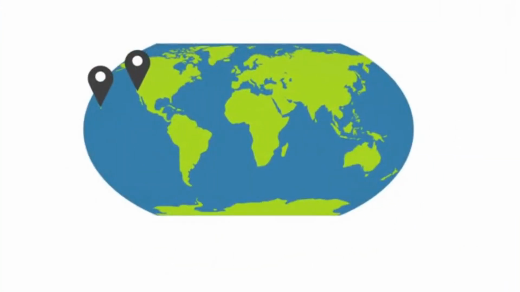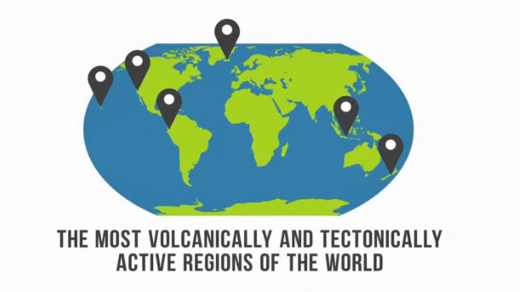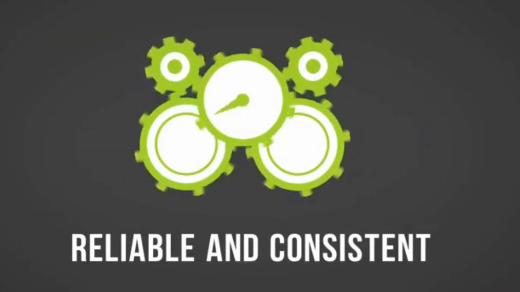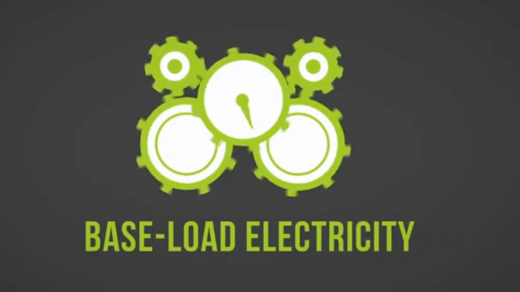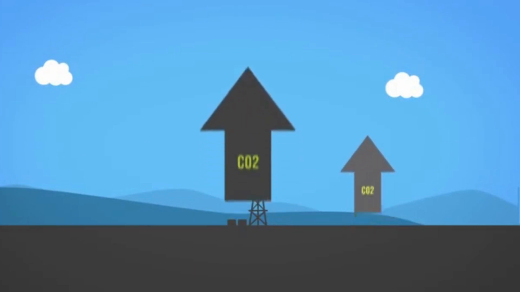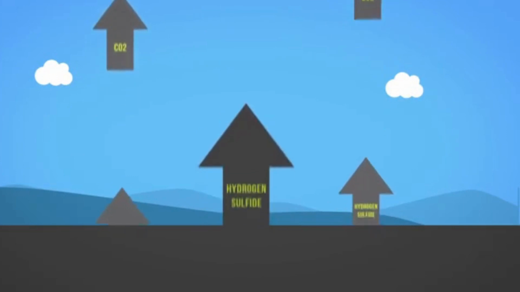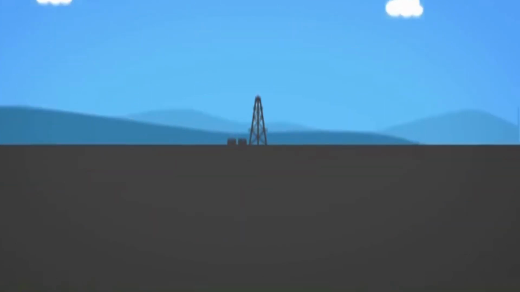The major regions of geothermal development are in the most volcanically and tectonically active regions of the world. Though geothermal energy is currently a small player in the world's energy mix, one of its key advantages is its reliability and consistent power generation, which means it can provide baseload electricity. Concerns with geothermal include the accidental release of CO2 and hydrogen sulfide emissions stored in the Earth's groundwater that is often used to carry geothermal heat to the Earth's surface.